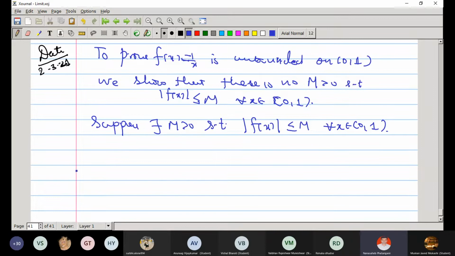Is it true that there is a number m which will bound the function? But if x is equal to 1 upon m plus 1, what about this number?